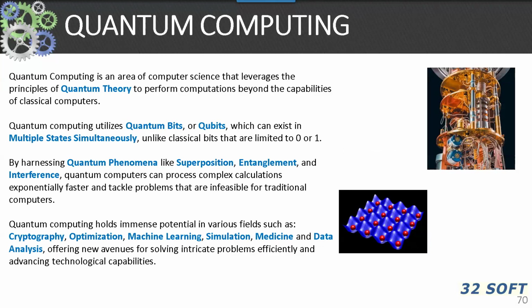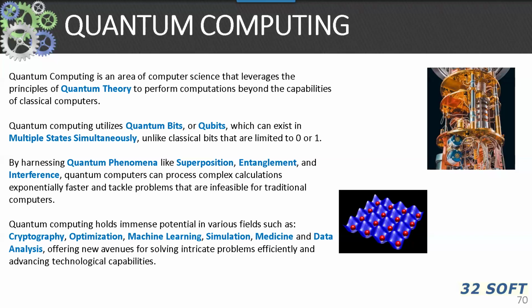Quantum computing is the next cutting edge area of computer science that's going to impact the supply chain and MRP. Quantum computing uses the principles of quantum theory and quantum bits or qubits, which can exist in multiple states simultaneously, unlike a standard computer of bytes and bits, equal on or off, 0 or 1.